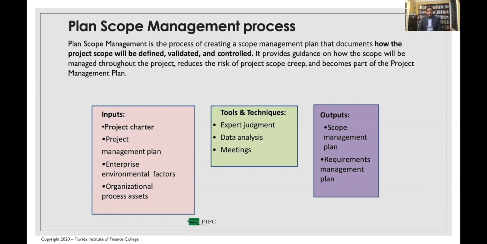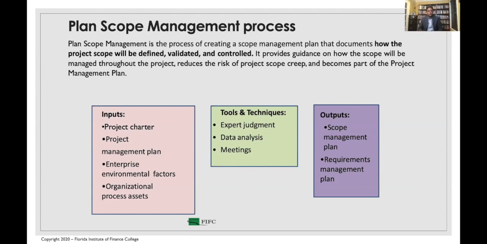Of course, we need to use expert judgment and data analysis for planning our scope. And as a PM, 90% of your time is spent communicating. You spend a lot of time in meetings with your customer, your client, your boss, your project team, your compliance officer, the government, and all stakeholders.